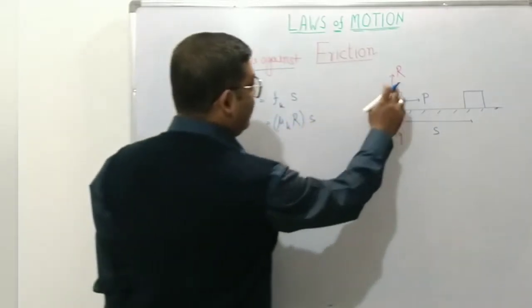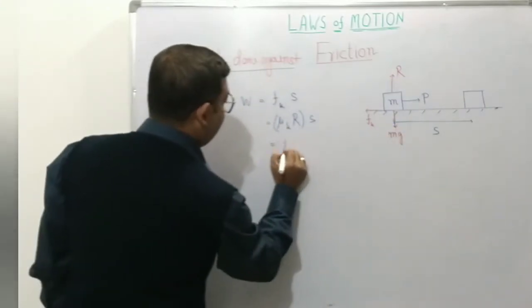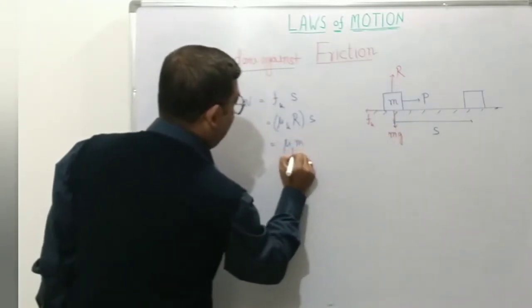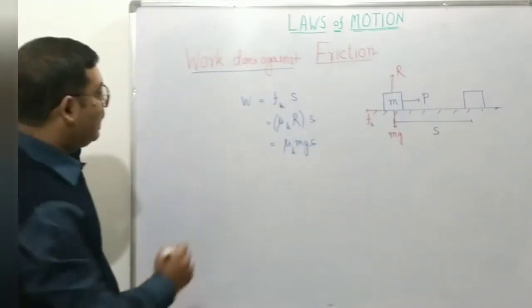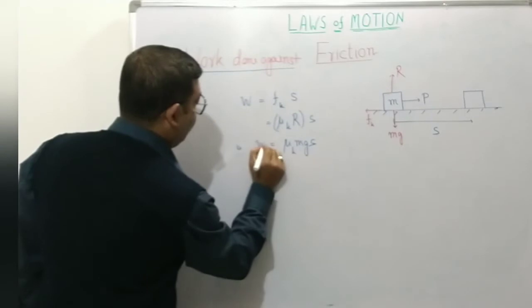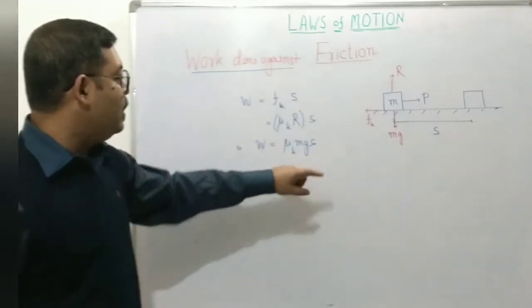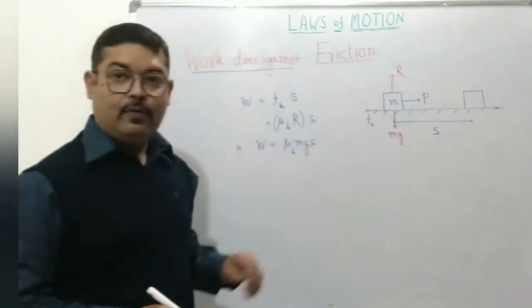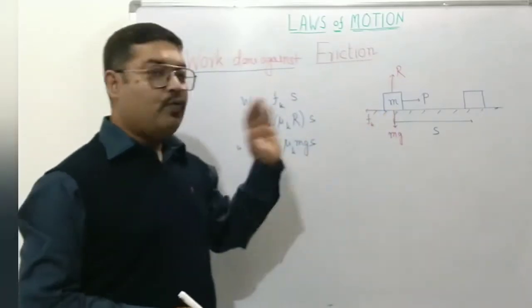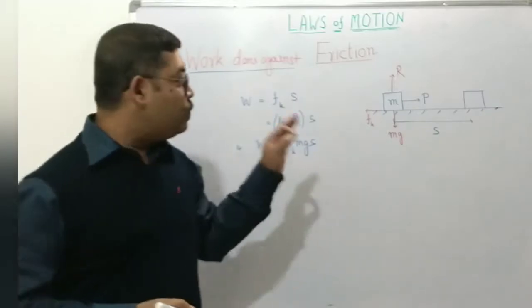But R equals mg, so this will be equal to mu k mg into s. That is to say, work done against friction has a magnitude of this. Of course, if we consider the directions, it will be a negative work, because friction doesn't do work, work is done against the friction. This point needs to be remembered.